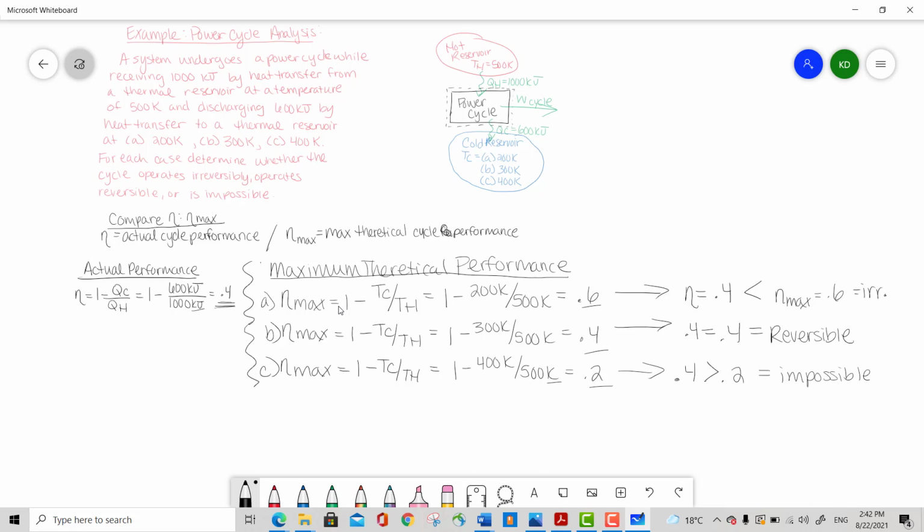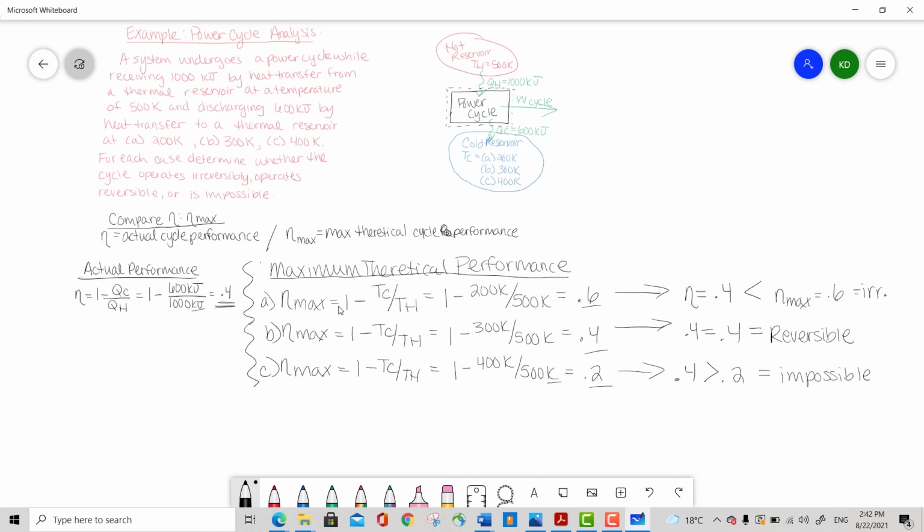Okay, and remember, why are these irreversible, reversible, and impossible? Because our actual performance, which is 0.4, we're comparing to the maximum theoretical performance. So if we have a maximum theoretical performance of 0.4, and our actual performance is 0.4, then that's a reversible system, right? That's the max that we're ever going to get.